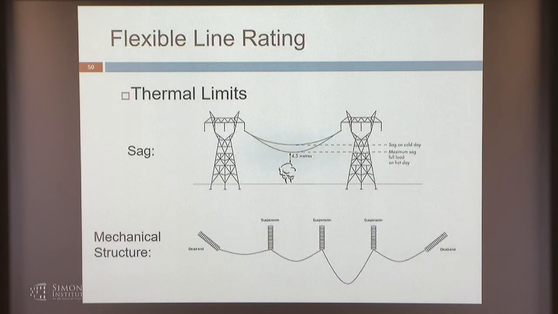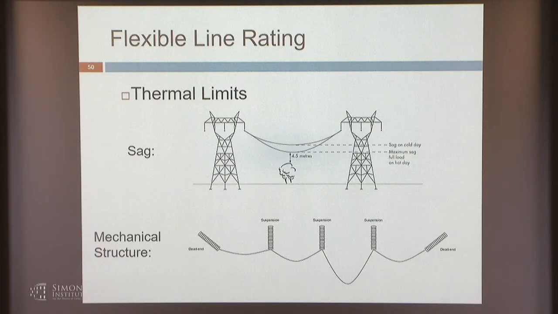The last thing that I want to talk about was flexible line rating. The idea is that the line constraints come from the fact that when the line heats up, it starts to sag, it can hit a tree, so you put a limit on how much you can transfer through a line.